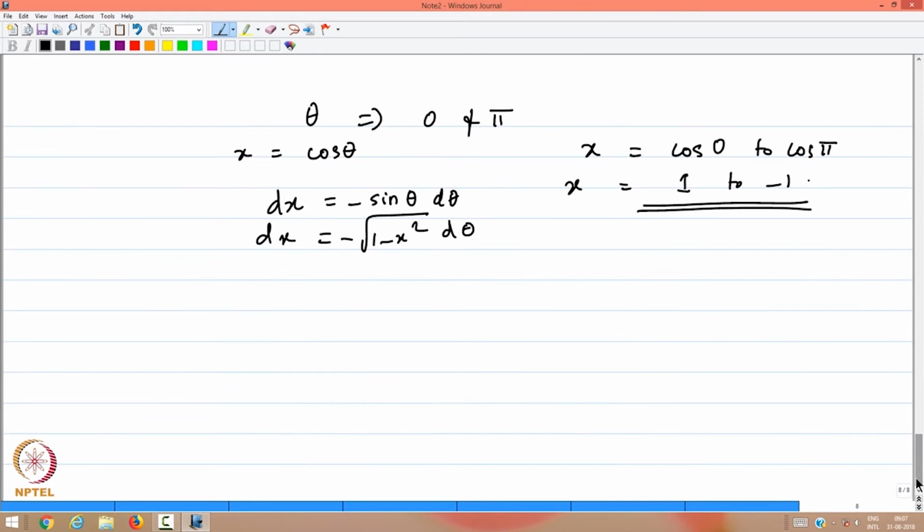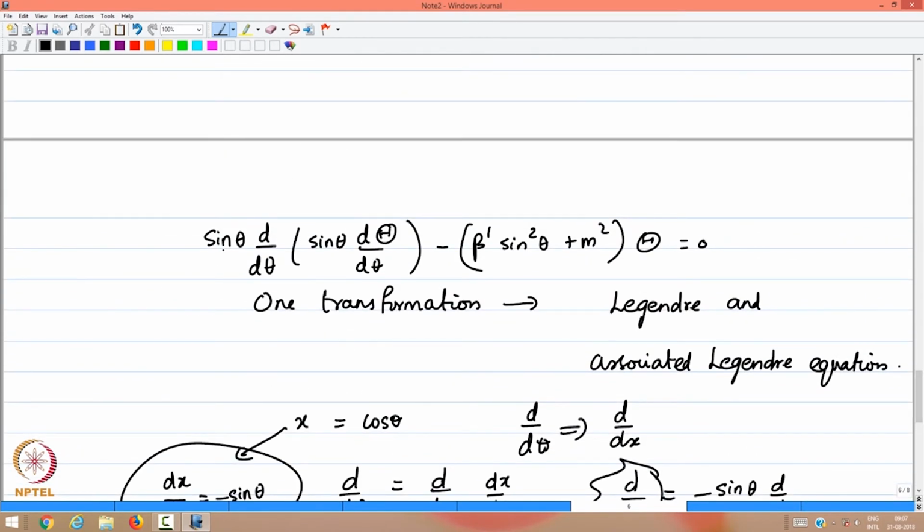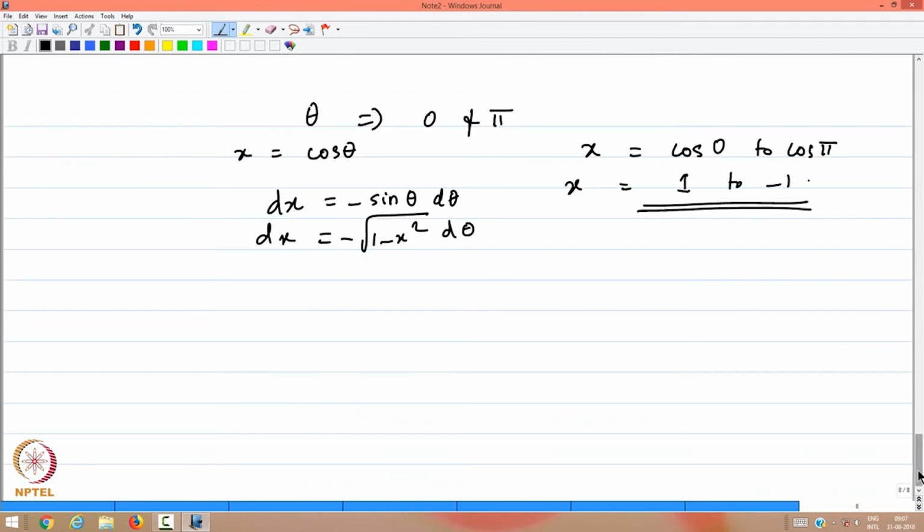Okay. So, now with this change, you can write the angular equation. Please see this. There is a sin theta in front and there is a sin theta inside the derivative, preceding the other derivative, and then there is a sin square theta. Therefore, if you substitute for all of that, what you would get is minus square root of 1 minus x squared, and you have square root of 1 minus x squared.